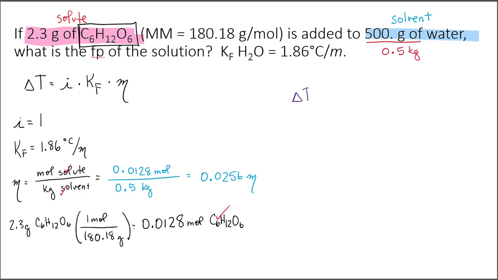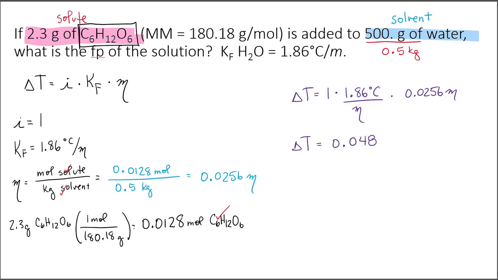Well, now we just plug it in. The change in temperature, delta T, is equal to the ideal Van't Hoff factor times the freezing point depression constant, and I'm going to keep my units in this for a second, times 0.0256 molal. The change in temperature is 1.86 times 0.0256, which is 0.048.